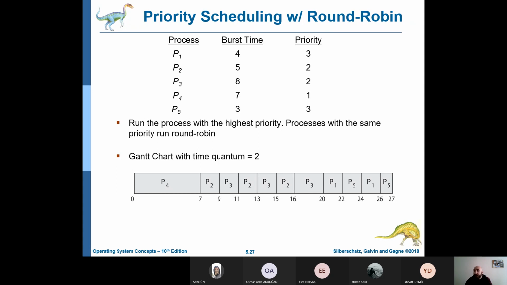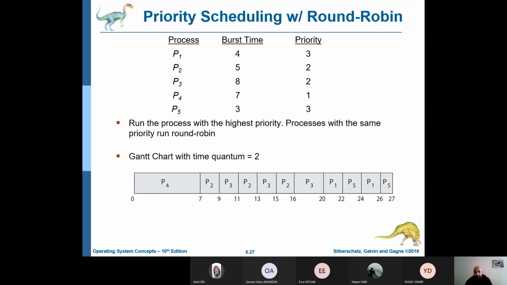And their priorities: 3 for P1, 2 for P2, 2 for P3, 1 for P4, and 3 for P5. So P4 has the highest priority, and we have to start with P4. We don't have other processes with higher priority than P4. So after the termination of P4, we select a new process.